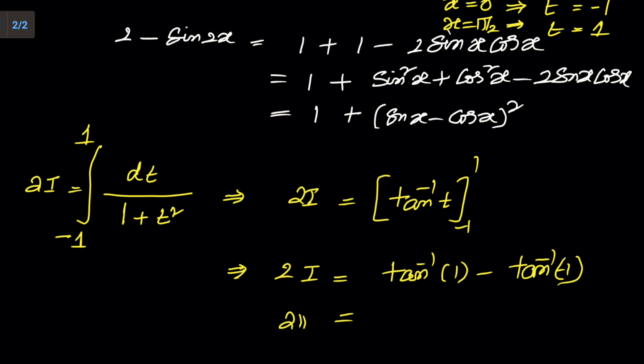2I equals to pi by 4 minus minus pi by 4, that is equal to pi by 2.